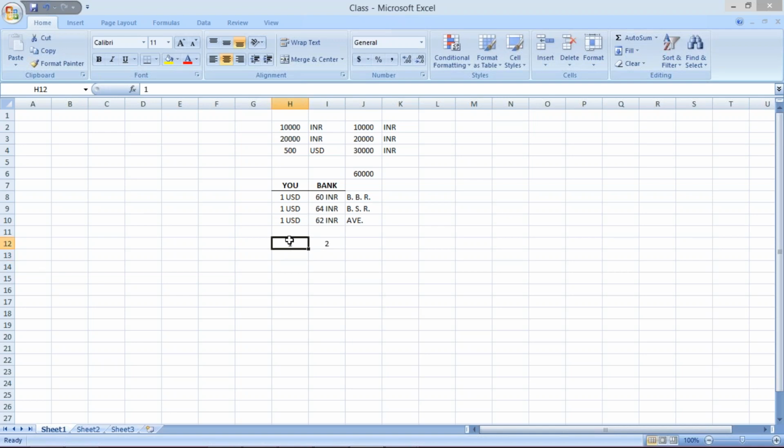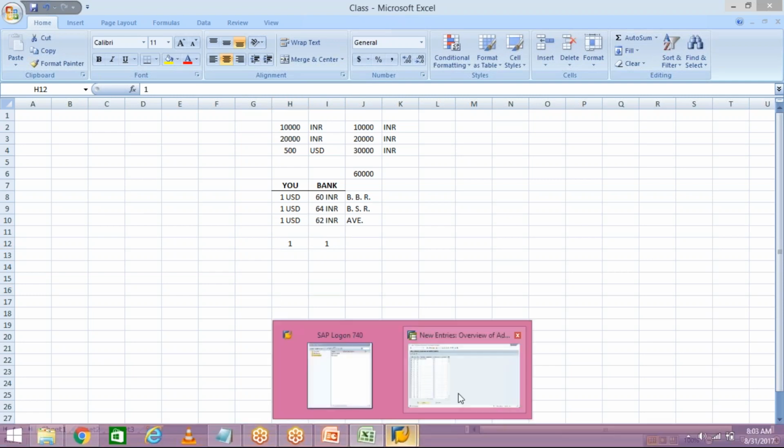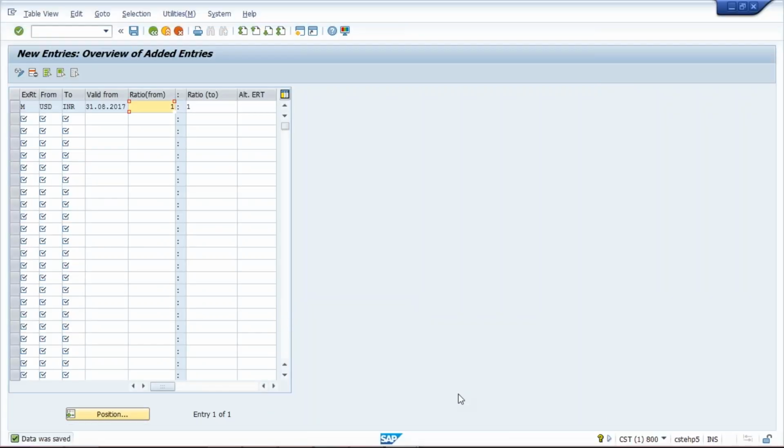There is not much logic here, I feel. 1 is to 2 in the sense like 1 USD equals 120 INR, something like that, or what kind of logic is there, that I could not understand. But generally what we are going to maintain is 1 is to 1 itself. I'll show you in the next setting where the impact of this is.